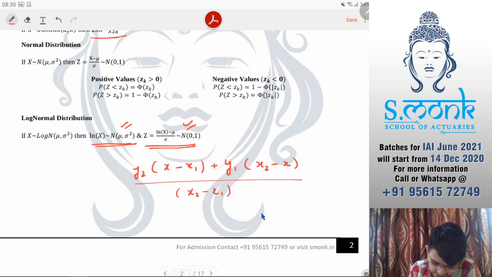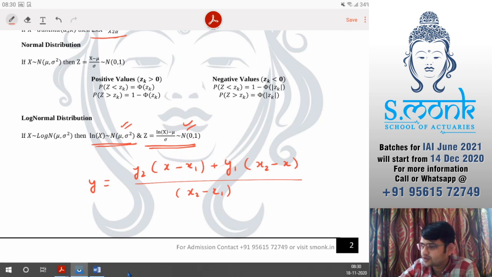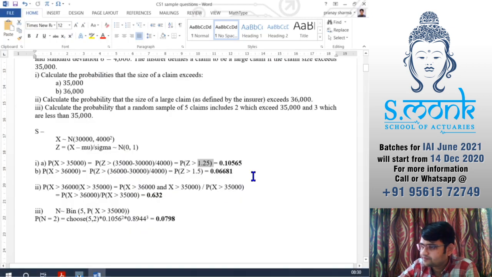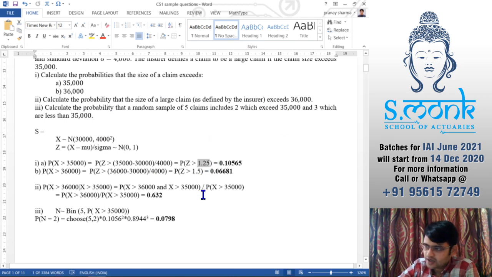This will give you nothing but y. So find out what each of the values is and what we have to find, and accordingly you will get this formula for interpolation. In these cases you do not need interpolation because we do not have more than 2 decimal points. This is directly taken from our table book.